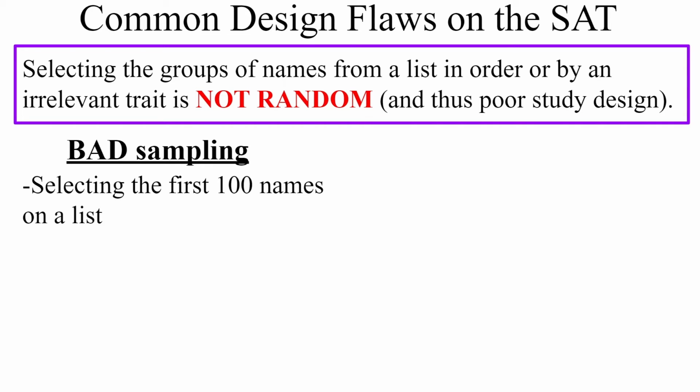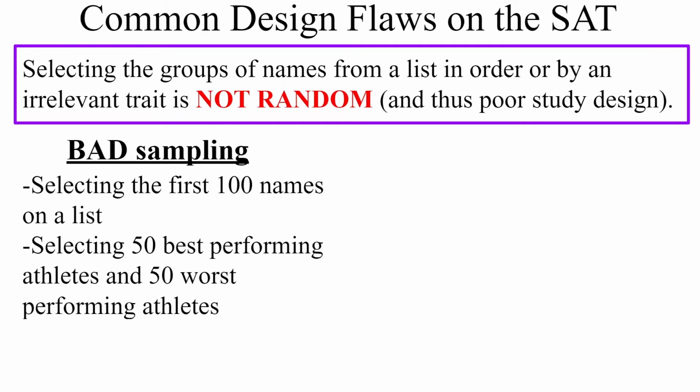But what if people with the last name that starts with the letter A or B happen to be of a certain income or certain race or ethnicity or something like that? It's just not random. It's not good study design. It seems like it's not a big deal, which is why they use it in trap answers, but it is. You don't want to do that.